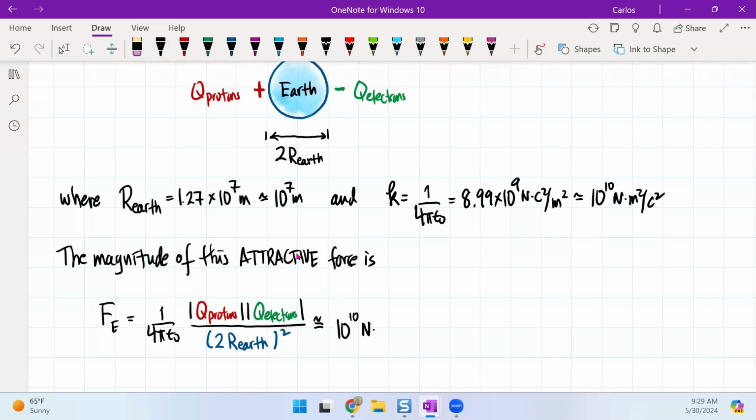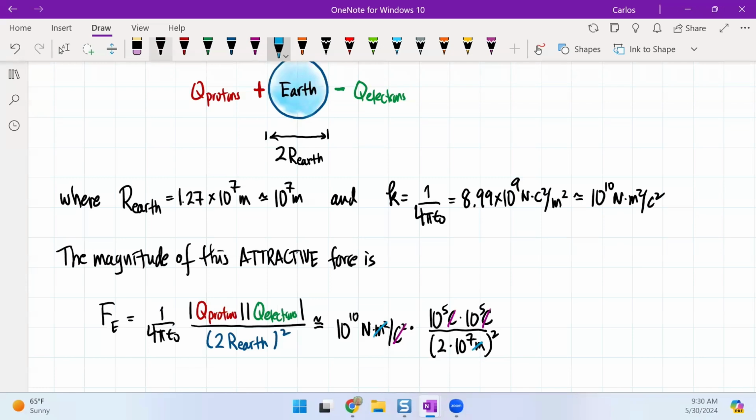Nope, that's not right. It's meters squared, Coulomb squared times 10 to the 5 coulombs times 10 to the 5 coulombs divided by 2 times 10 to the 7 meters squared. And right away, we could start to look at the cancellations. The charges cancel out.